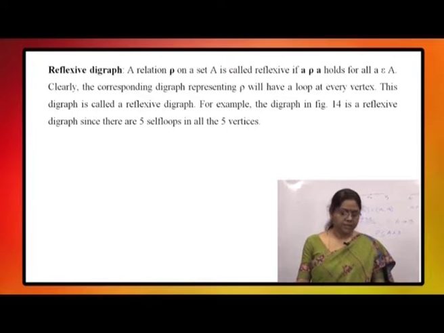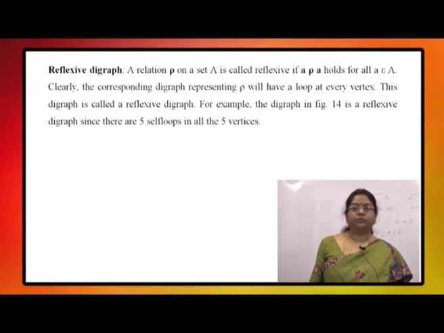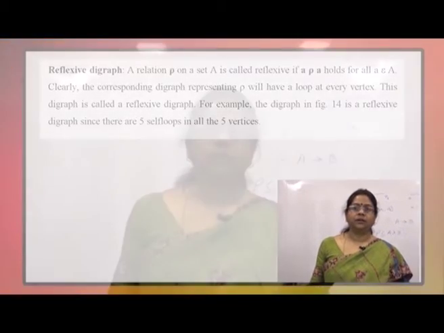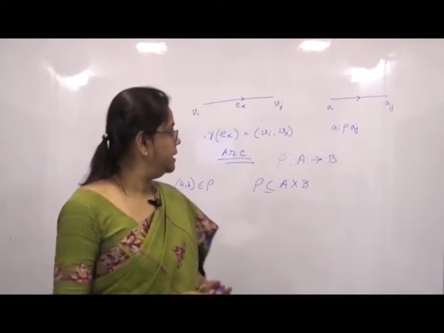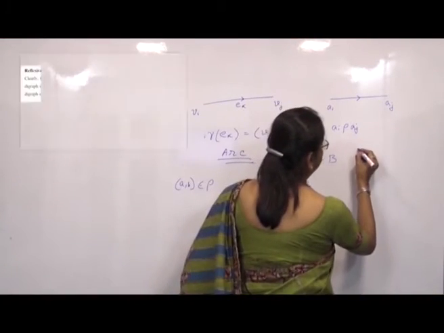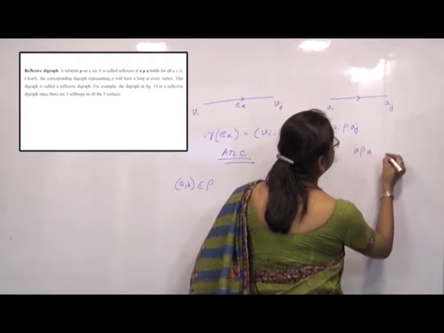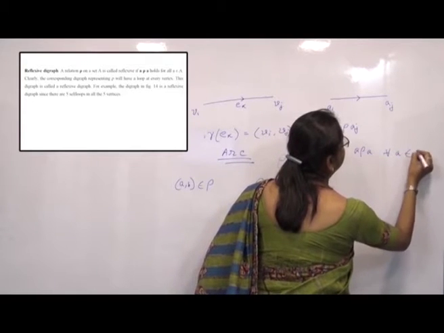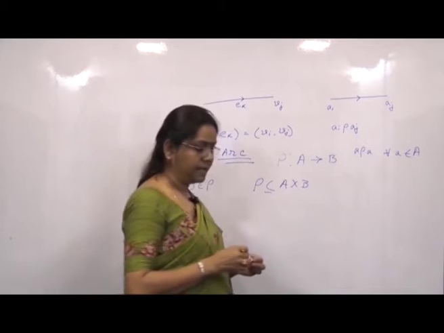A reflexive digraph is a digraph which represents a reflexive relation. We know that a relation rho on a set A is called reflexive if A rho A holds for all A in the finite set A.